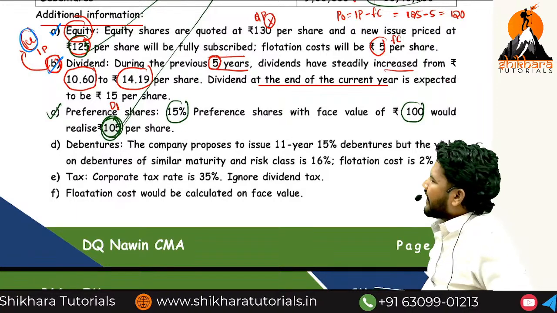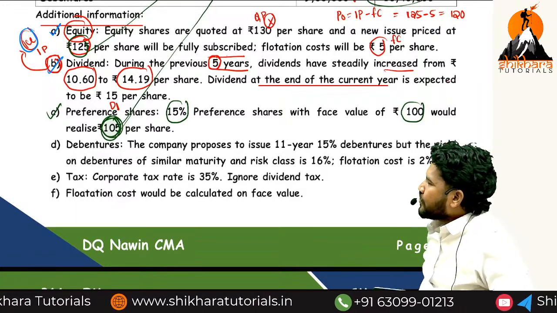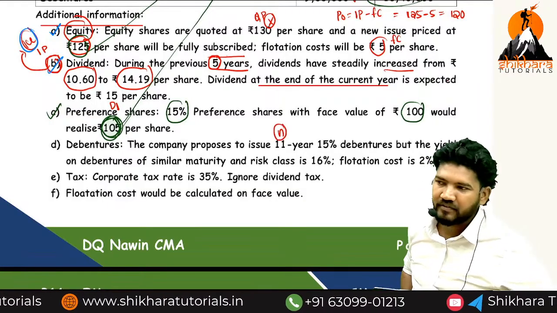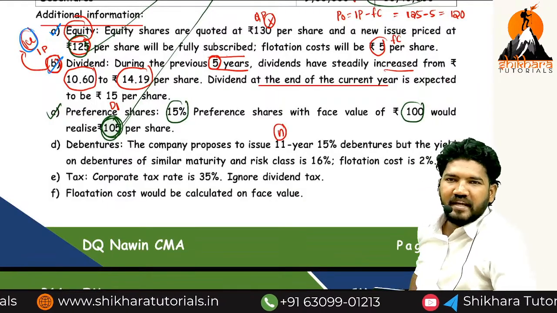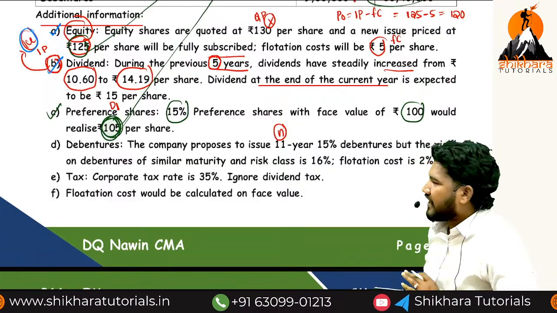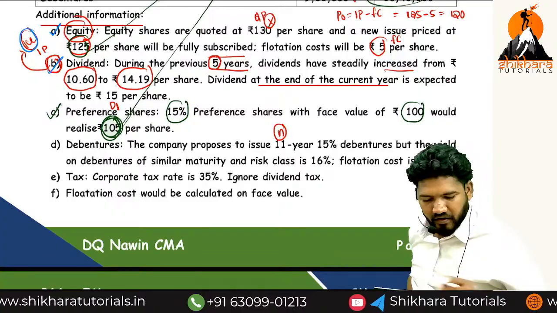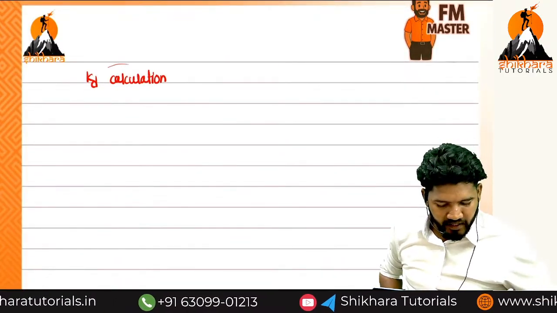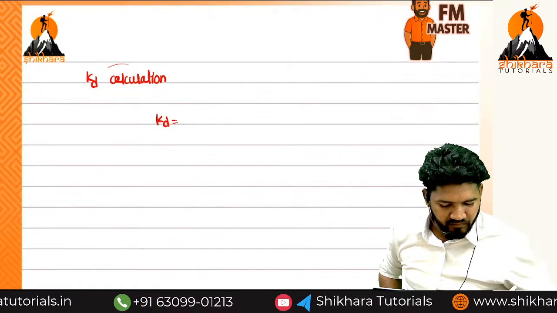Read point D, Nana. The company proposes to issue 11-year debentures. Can I name it N, Nana? If there is an N, it is a redeemable debenture. Think logically. Okay, first write down the formula. What is the redeemable debenture calculation, Nana?